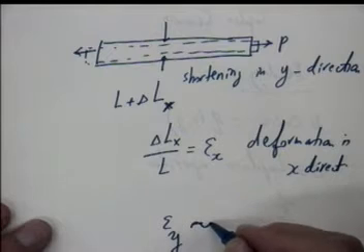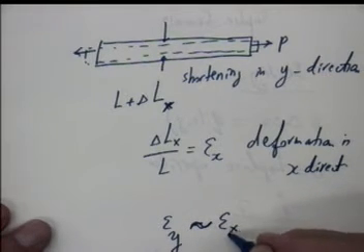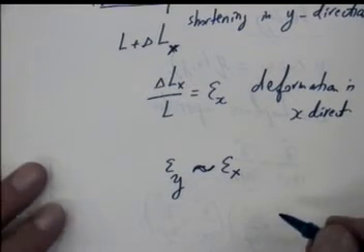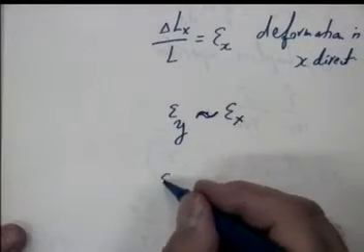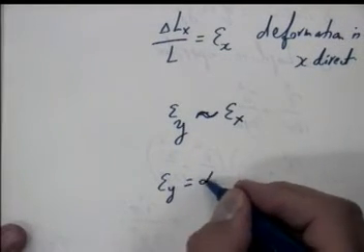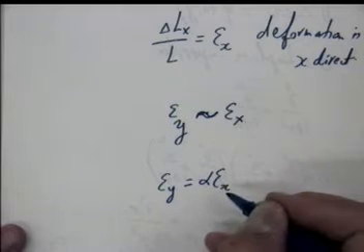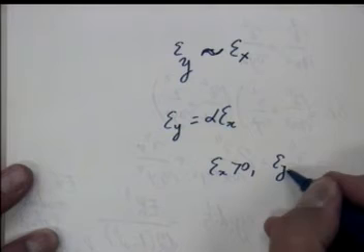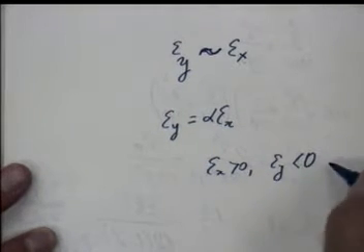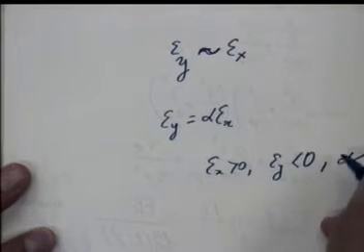And then epsilon in y direction, because it shortens in y direction. Poisson says that epsilon y is proportional to epsilon x. You are applying tensile load in x direction. In y direction, it undergoes shrinkage, so to say. And this coefficient, we could write down that this is alpha times epsilon x. But because epsilon x is positive, then epsilon y is negative, means that alpha must be negative.